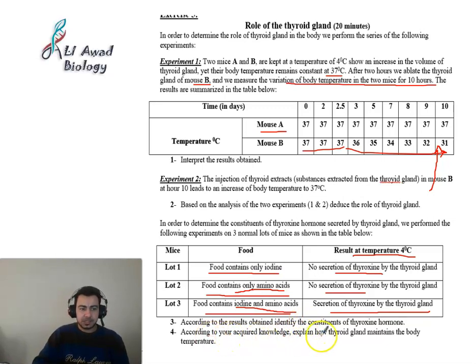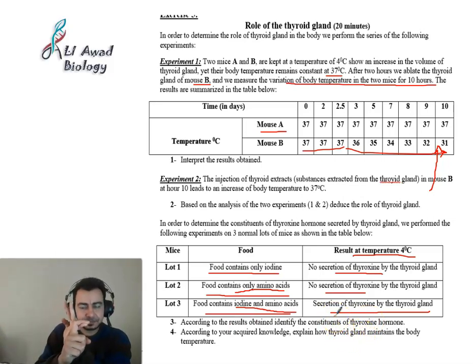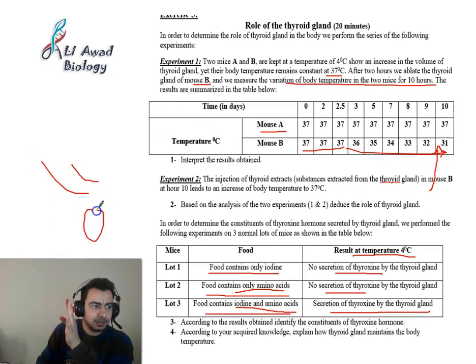According to acquired knowledge, explain how thyroid gland maintains the body temperature. This is هيدا حفظ. Okay, you have to study it. It secretes hormones T3, T4. Migrate via blood. بيروحوا بالدم، بيمشوا هيدا الدم. Okay.